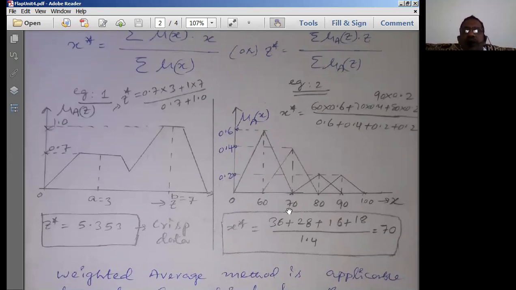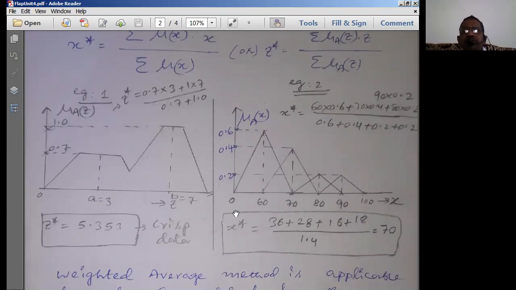Therefore I can write this as sigma of mu a of x into x by sigma of mu a of x. Okay, where x is some union matrix, which is a relation giving us the relationship between how many fuzzy sets? 4 fuzzy sets here. So let us try to find out the crisp value from this entire data.